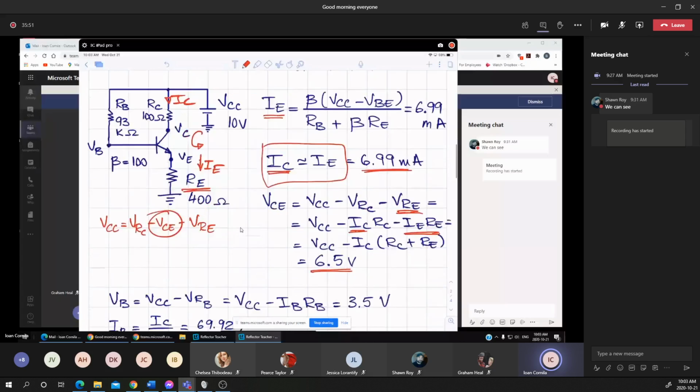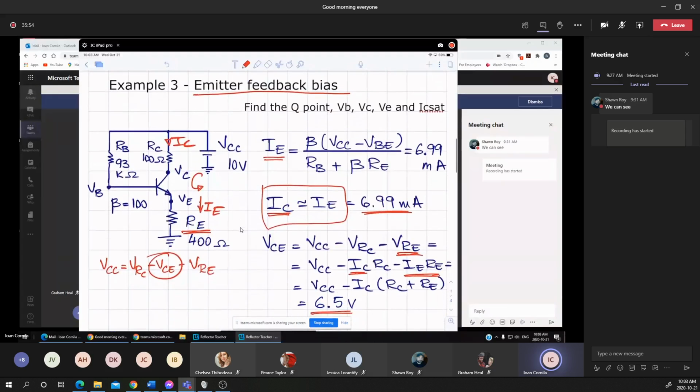On top of that, you may be asked for circuits like this or previous circuits to find the VB, VC, and the VE. You notice that again it's a single subscript, which means these are the voltages with respect to ground. I'm looking to find the voltage at the base with respect to ground, the voltage at the collector with respect to ground, and the voltage at the emitter with respect to ground.